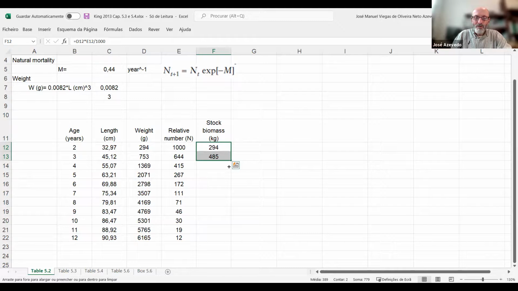Now, for year 4, it's still increasing. So the number of animals continues to decrease because they're still dying, but because they're still growing fast, the stock biomass continues to increase until it starts decreasing, right?